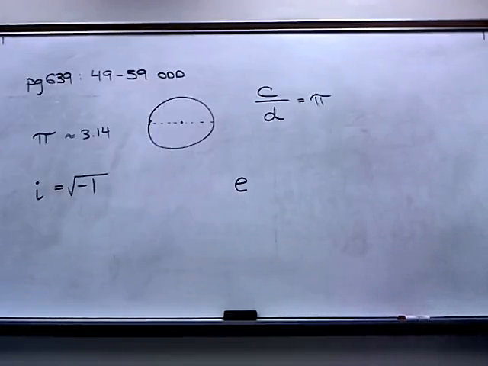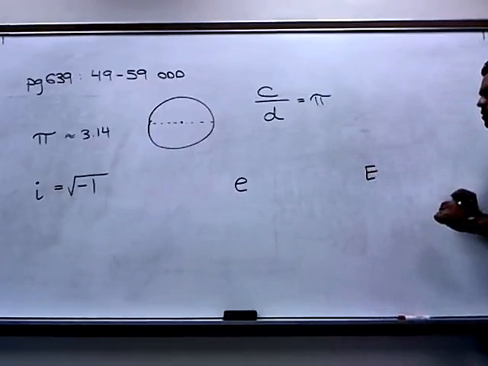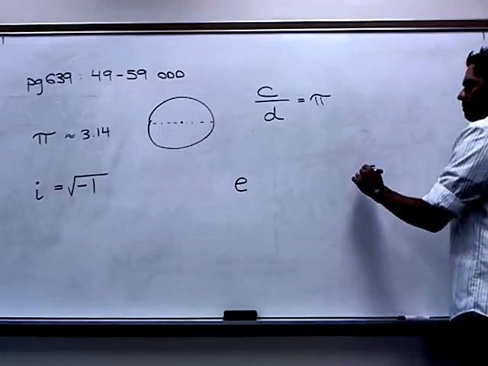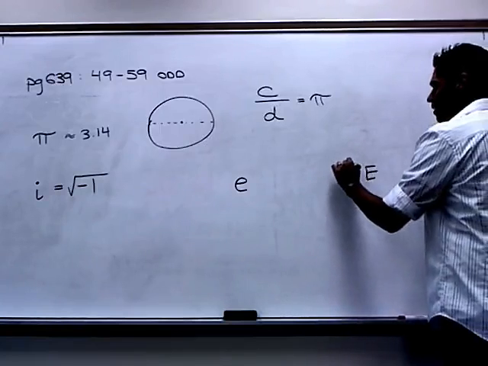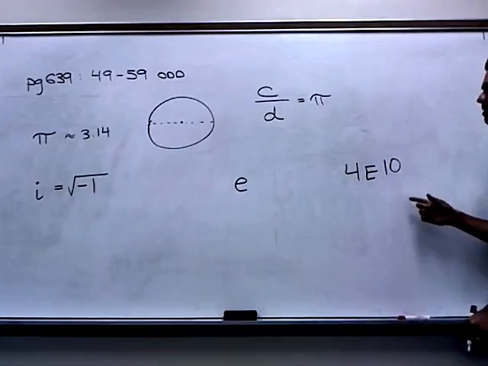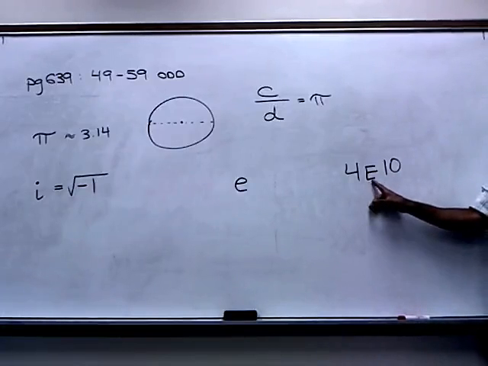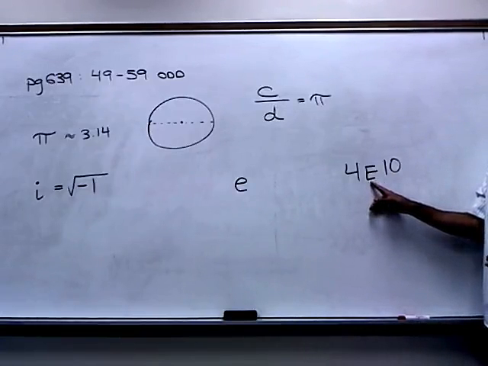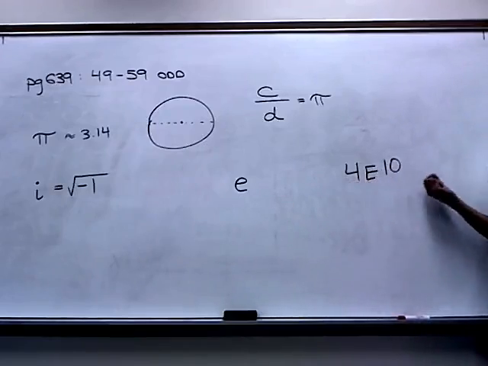That might be a different e. On a calculator, if you have 4E10, that means 4 with 10 zeros behind it. This basically tells you how many places to move your decimal. If there's a -10 you go to the left 10, and if it's a positive 10, you go to the right 10.